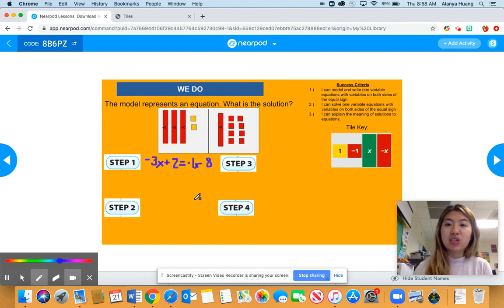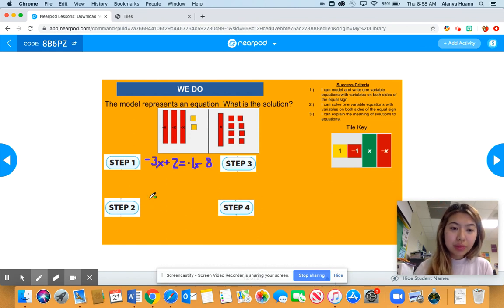So the first thing that we're going to do is make our first zero pair with our variables. So we can either choose to move the negative 3x to the right side or the negative 1x to the left side. It doesn't matter as long as you continue to fully follow the steps of making the second zero pair and then isolating for the variable. So I'm going to choose to go ahead and move my negative 3x to the right side.